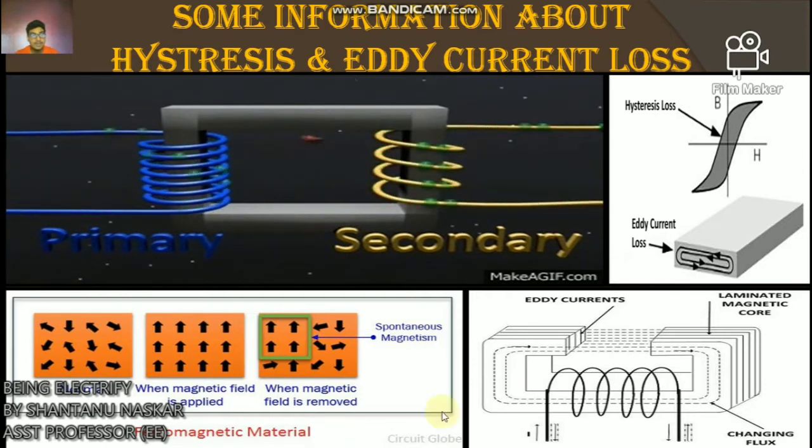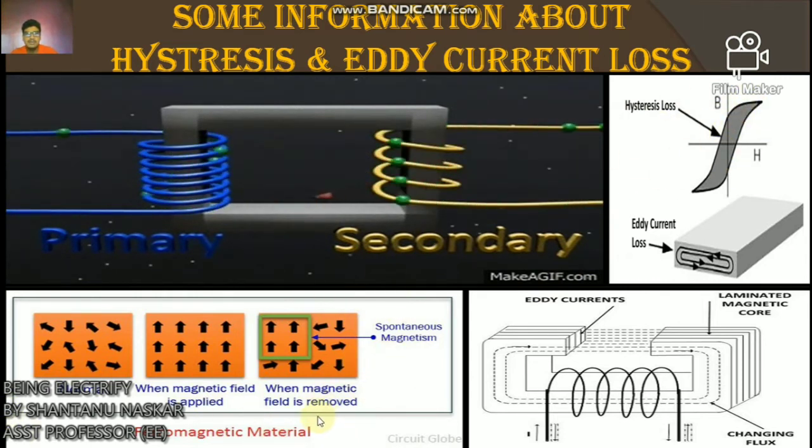For removing the spontaneous magnetism, a reversed MMF is applied to the material, and the loss which occurs because of the reversal of the magnetism is known as hysteresis loss. So this is the hysteresis loop, and these are the details about hysteresis loss.